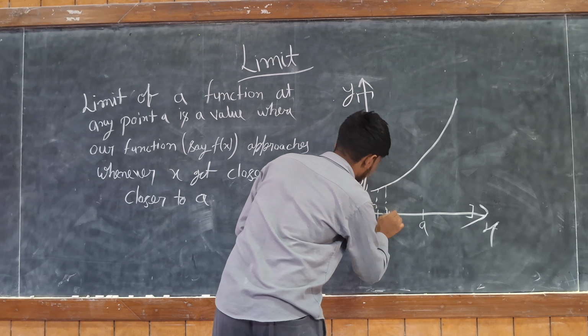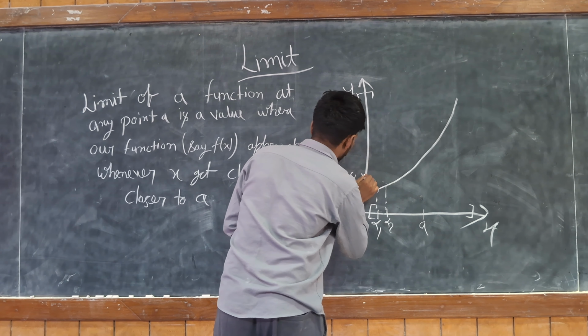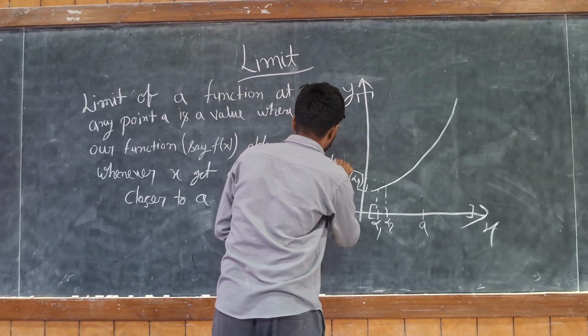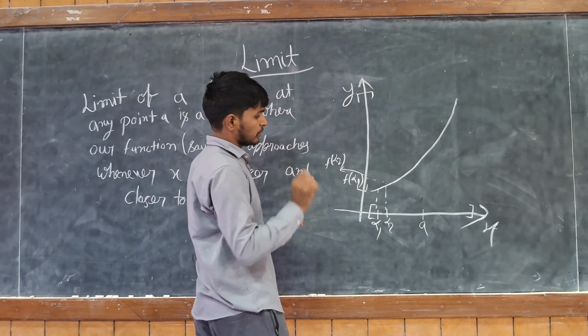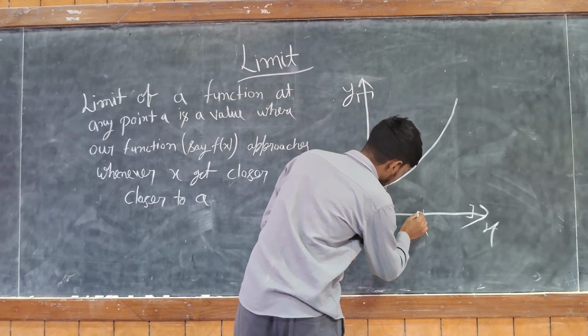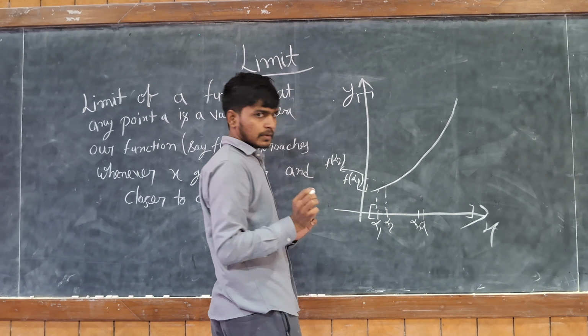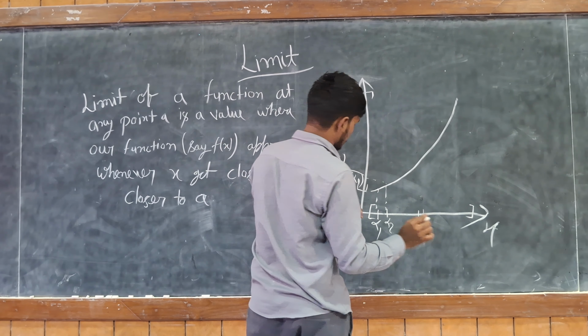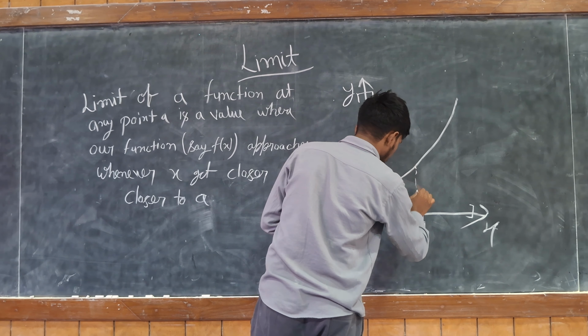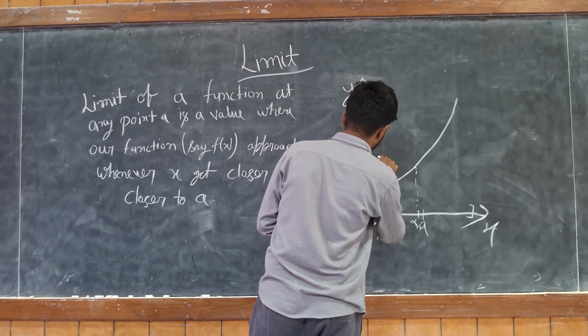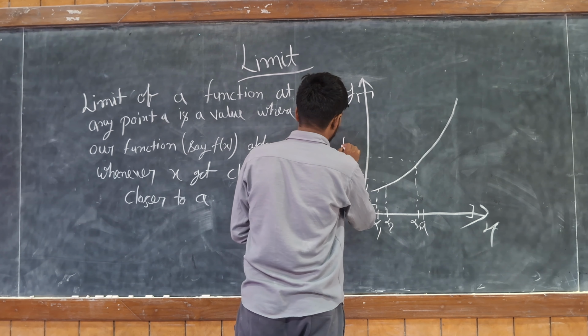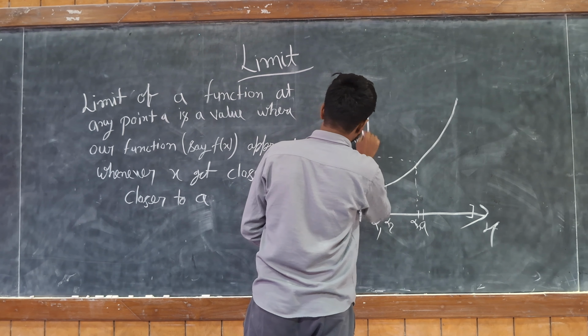The function value at alpha 2 is f of alpha 2, and similarly get more close to A. Take alpha n, which is near to A, and the value of the function at alpha n is f of alpha n.